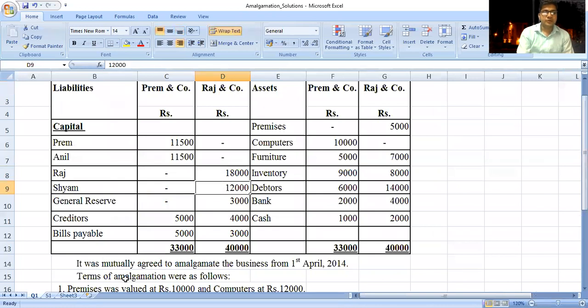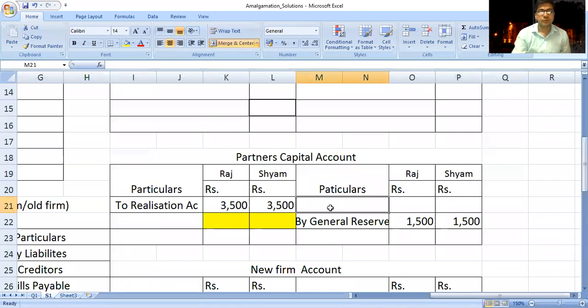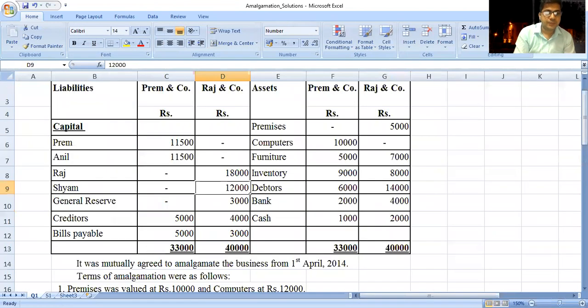And this capital we will transfer to partners capital account, credit side, by balance brought down. Raj capital 18,000 and Sham's capital 12,000.